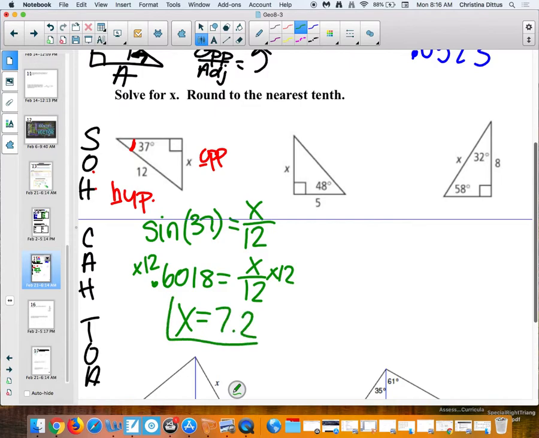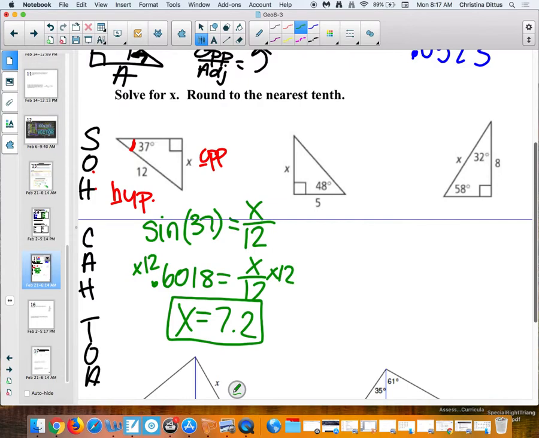I got 7.222. To get X by itself, you need to get rid of the divide by 12. The opposite of divide by 12 is times 12. So you need to take this number times 12.